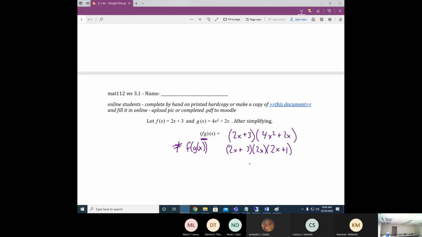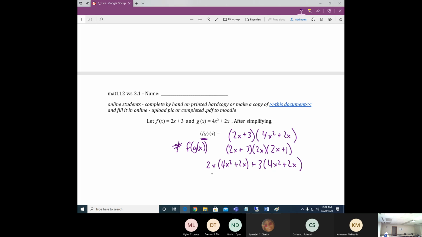I've sort of factored it, but let's multiply it out and get the full polynomial. So 2x times everything over here. So 2x times 4x squared plus 2x plus 3 times 4x squared plus 2x.